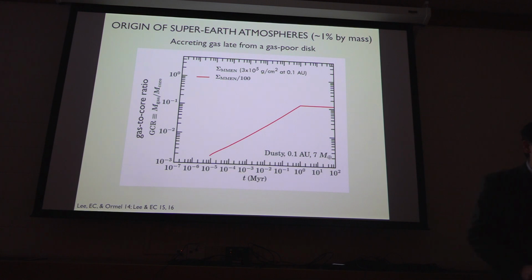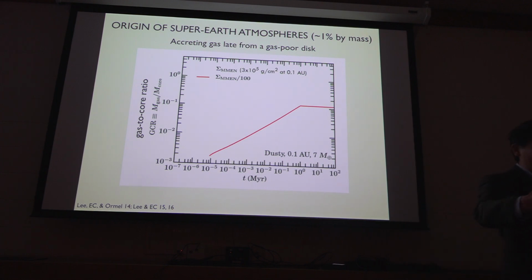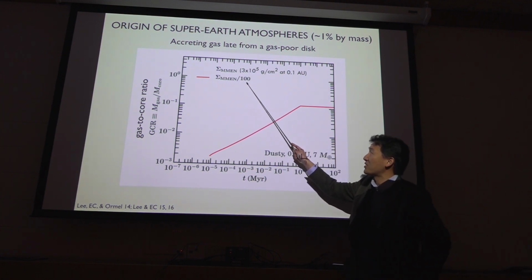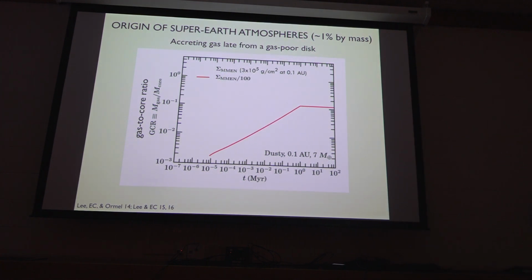So what she did was she took a super-Earth core, 7 Earth masses in this case, embedded it in a sea of gas, pretty low density, depleted relative to the minimum mass value by a factor of 100, and just calculated how much gas this core accretes, okay, versus time.